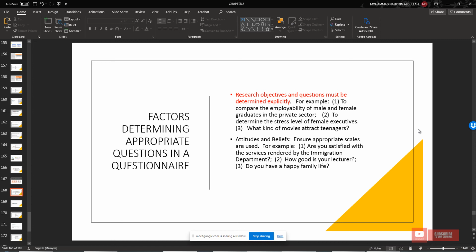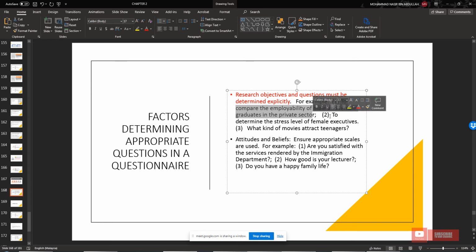And then you start to design or determine your question. For example, your objective is to compare the employability of male and female graduates in a private sector, to determine the stress level of female executives, what kind of movie attracts teenagers.